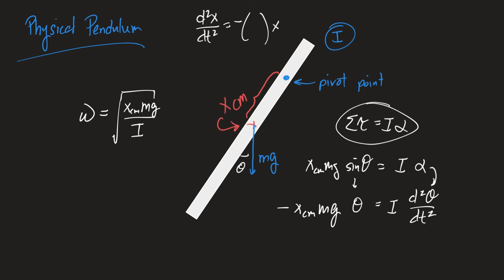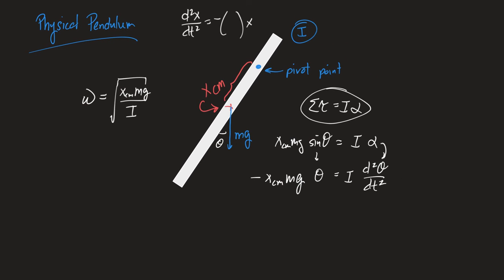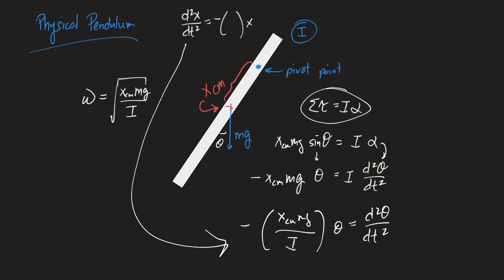And what I'm hoping to do here is just continue this trend and write this as negative x center of mass mg over I times theta equals the second derivative of theta with respect to time, and point out these similarities. That's all I'm trying to do.